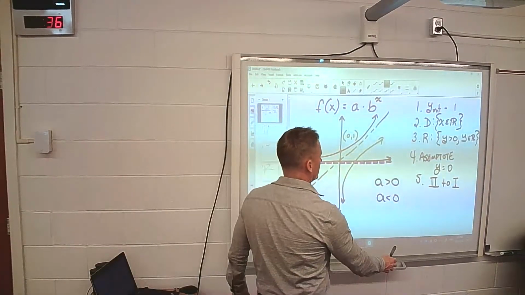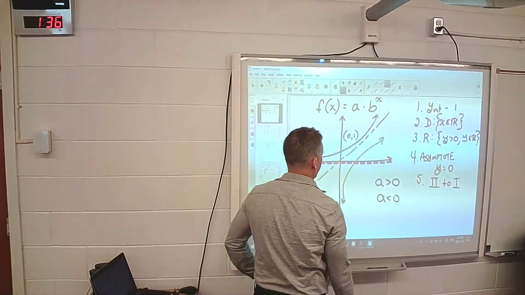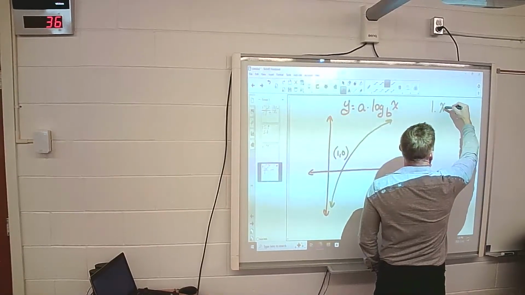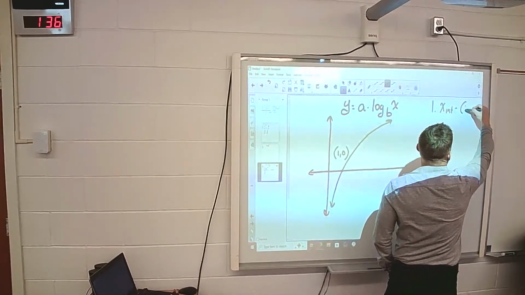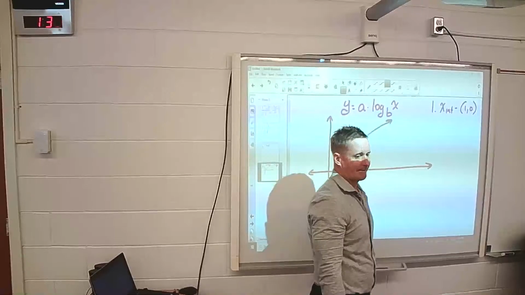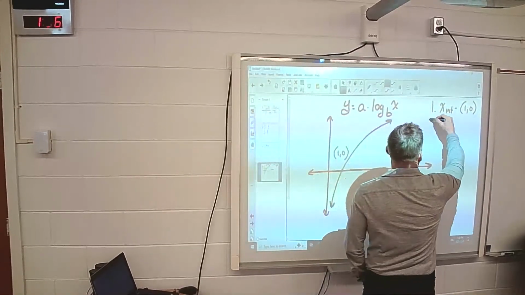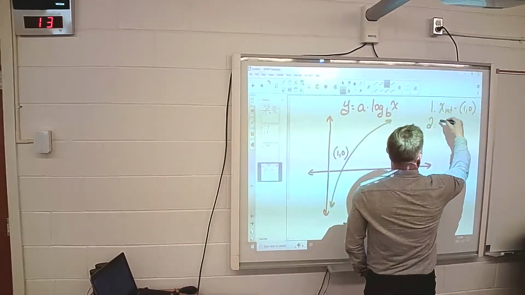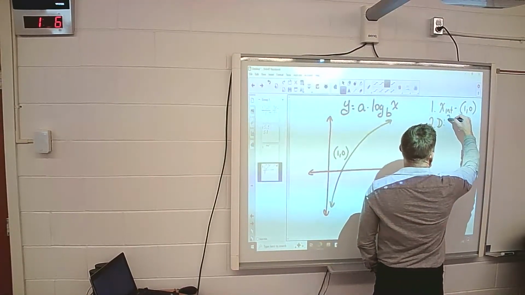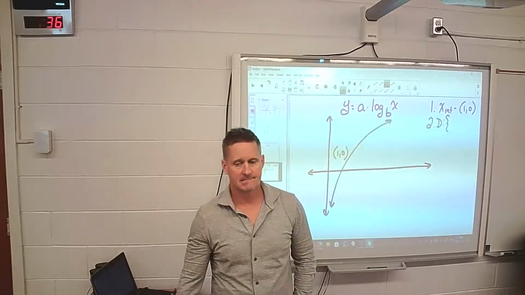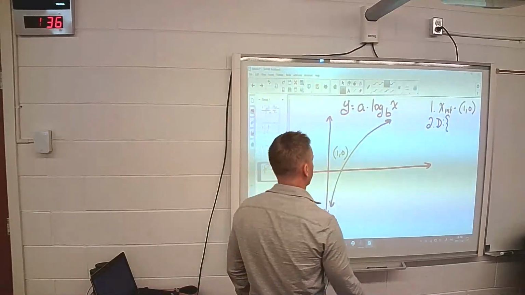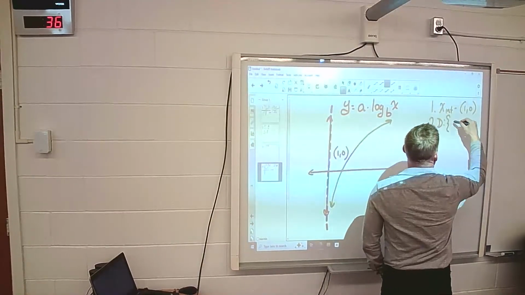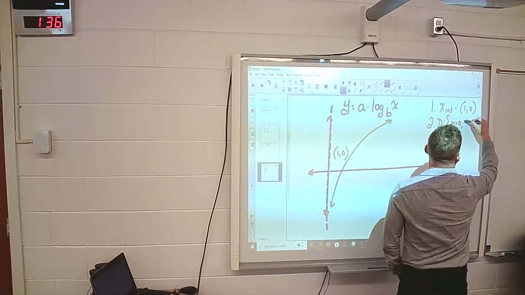So now what I'm going to do is I'm going to write this out yet again for logarithmic. Number 1, x-intercept, 1 and 0. Number 2, the domain for this graph. Anybody want to have a go at it? Thank you very much. The domain for this graph is x is greater than 0.